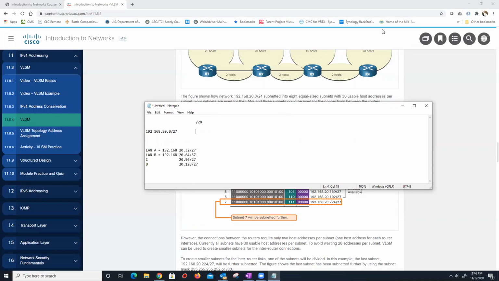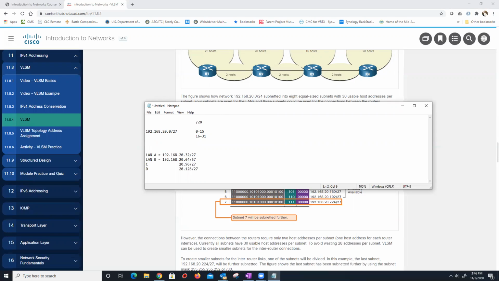Yeah, 16. Okay. So what we're going to do then is take this /27 and borrow 1 more bit, and we'll make it 0 to 15 and 16 to 31. So we just broke this network. Okay, this subnet, we subnetted it again. So we're subnetting a subnet.